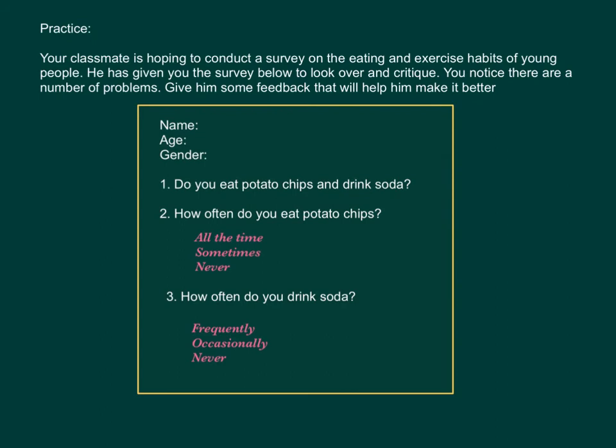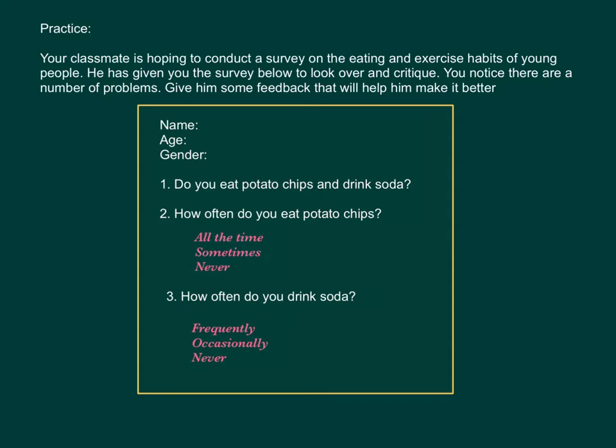Practice. Your classmate is hoping to conduct a survey on the eating and exercise habits of young people. He has given you the survey below to look over and critique. You notice there are a number of problems. Give him some feedback and help him make it better.